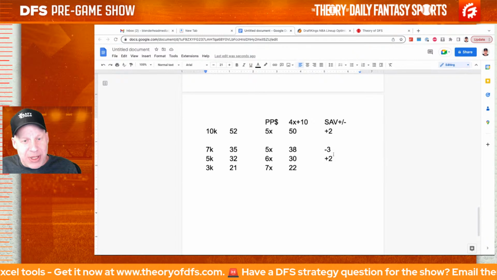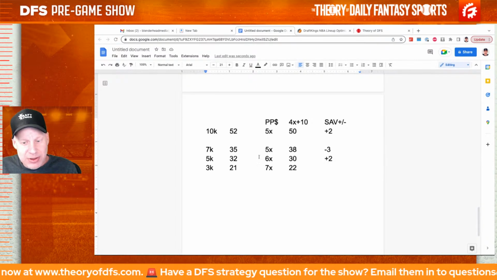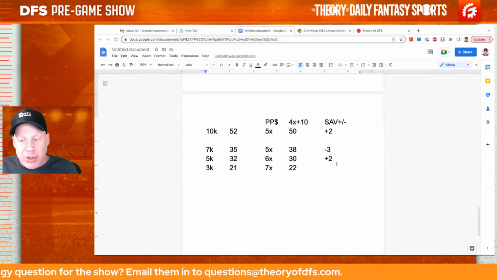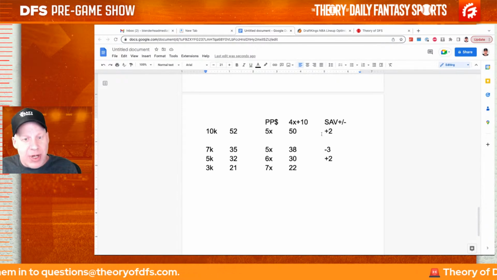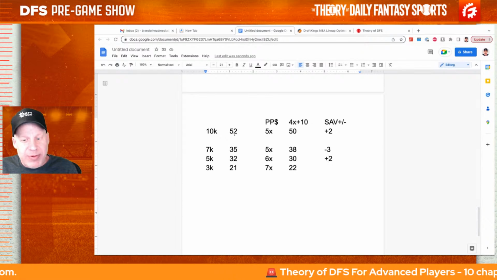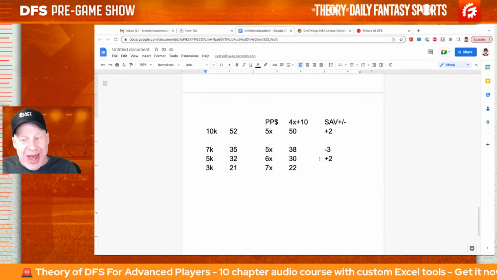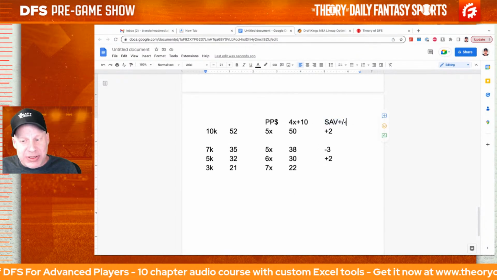Although they're both +2, the 5K player is worth more, especially if there are 5K players that don't have a +2. A 10K player with a +2, there may be another guy with a +1. What's the difference between a 51 and a 52 point projection? As you go down in salary, the value of having a higher plus minus goes up.